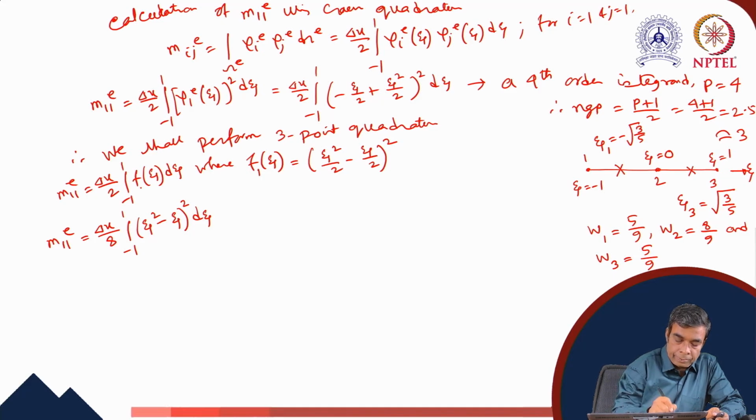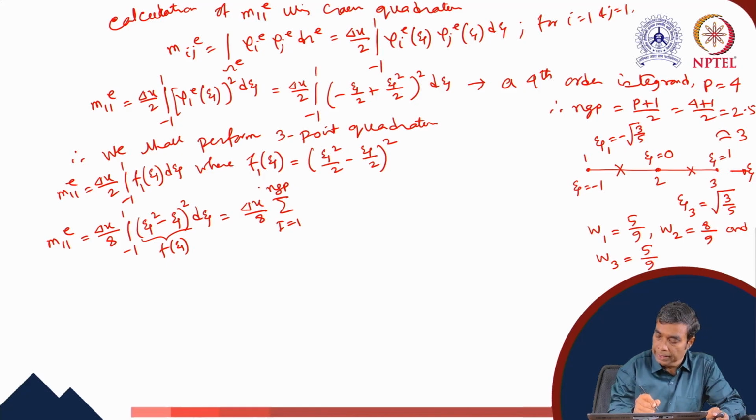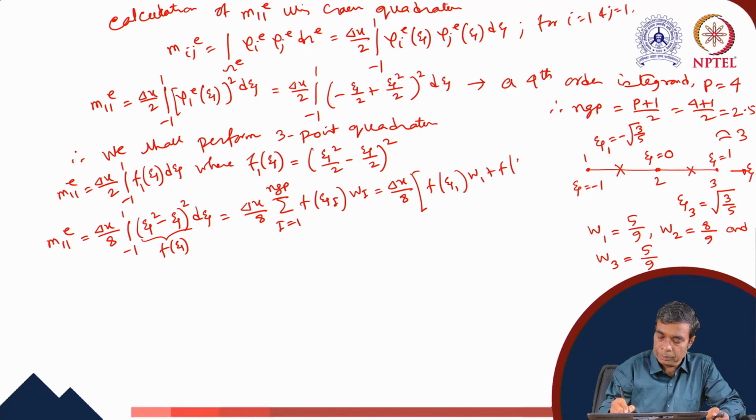So we have our f xi as xi square minus xi, whole square, equals delta x by 8 summation i equals 1 to ngp of f of xi i wi, equals delta x by 8 into f of xi1 w1 plus f of xi2 w2 plus f of xi3 w3.